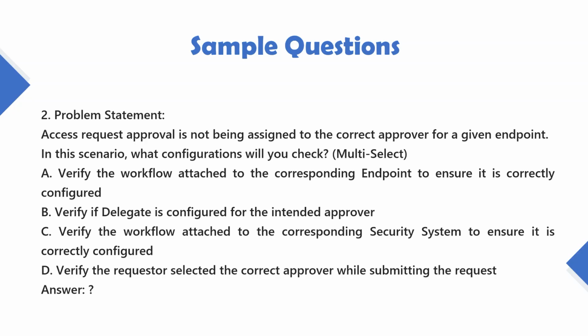B. Verify if delegate is configured for the intended approver. C. Verify the workflow attached to the corresponding security system to ensure it is correctly configured. D. Verify the requester selected the correct approver while submitting the request.